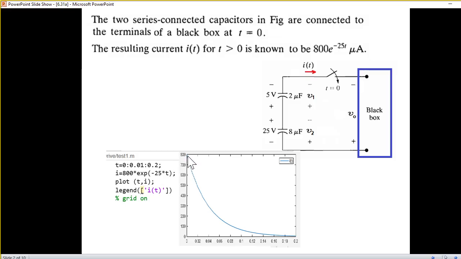You can see the current starts from 800 microamperes and then gradually decreases. That means the capacitor, which was fully charged, will gradually dissipate through the black box, and ultimately at infinity this will become 0.